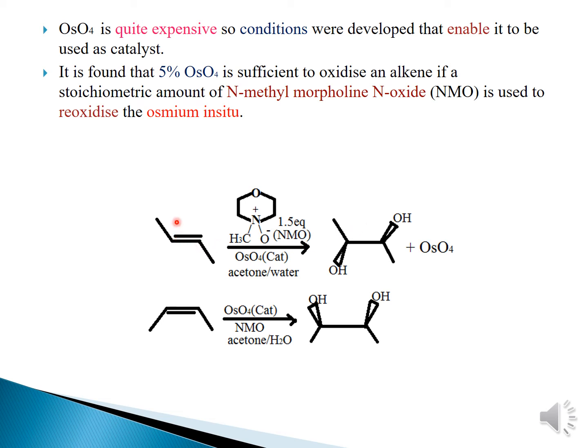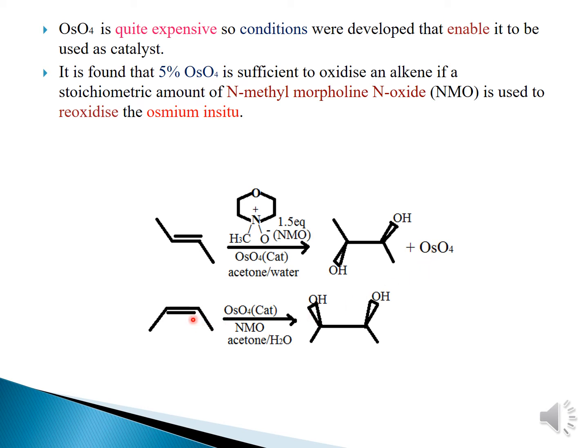Okay, so here if we are taking an alkene and treating it with NMO of 1.5 equivalent, and upon treatment with the osmium tetroxide catalyst under acetone or water, okay, under this condition the diols are formed with the regeneration of your osmium tetroxide. Here the condition is you are reoxidizing the osmium tetroxide in situ.